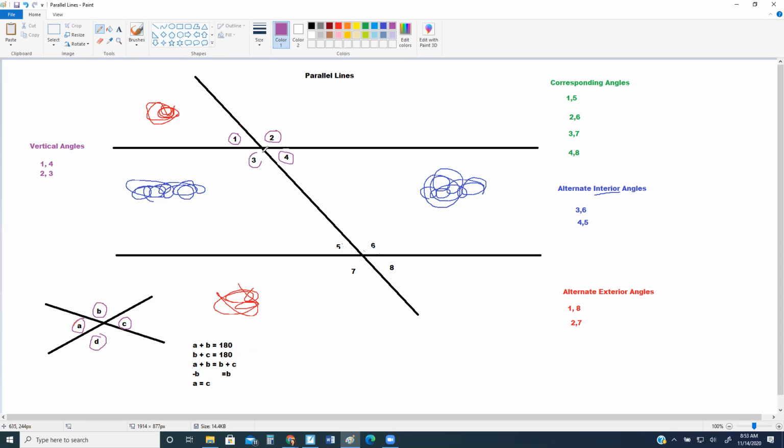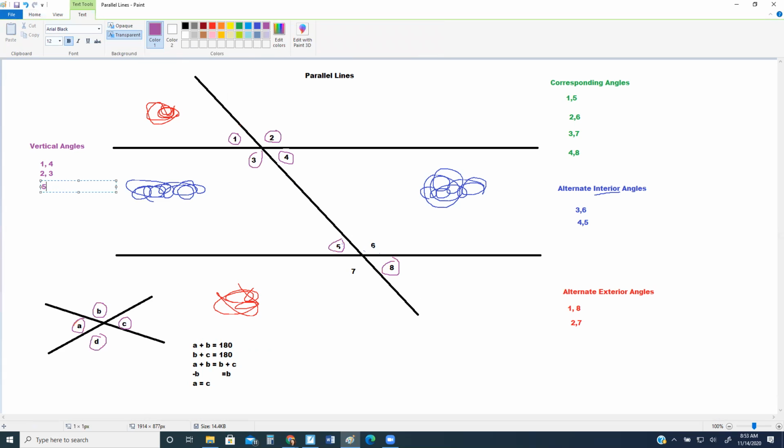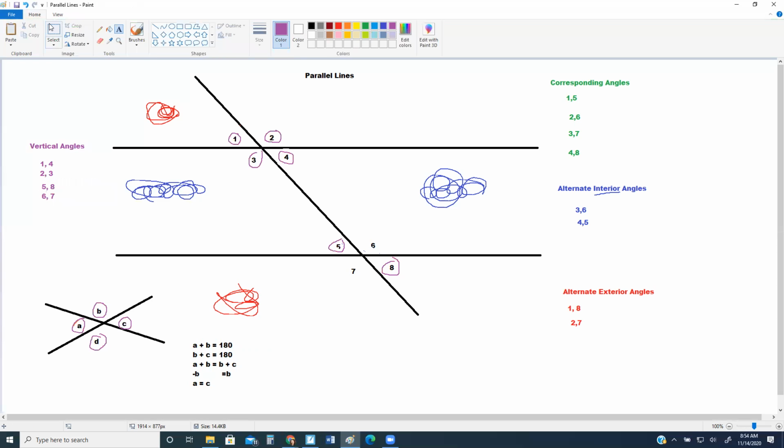And then down here, we have 5 and 8 across that vertex. And then the last set is going to be 6 and 7, which are vertical angles. So to circle them over here, those are our vertical angles, 6 and 7.